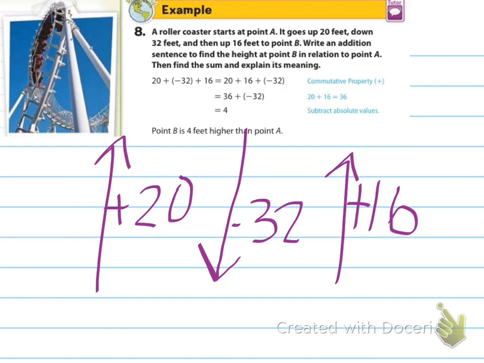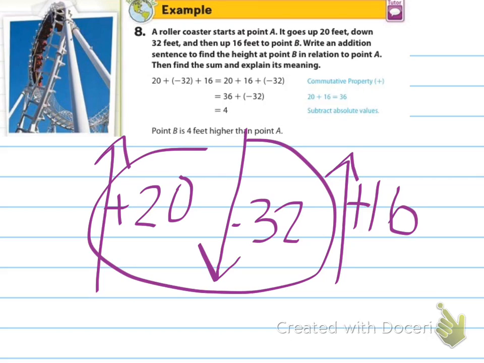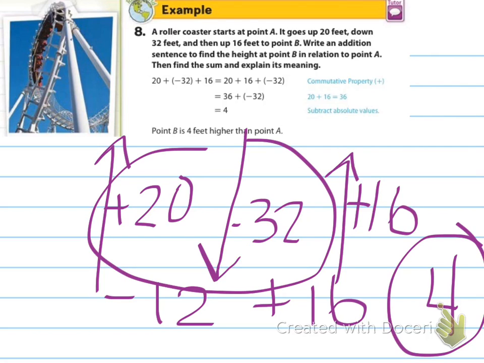And so when we put all those together, different signs subtract. That would be negative 12 plus 16. Different signs subtract again will be 4, and this one is a positive, so 4 is my positive answer. Ooh, I like that one.